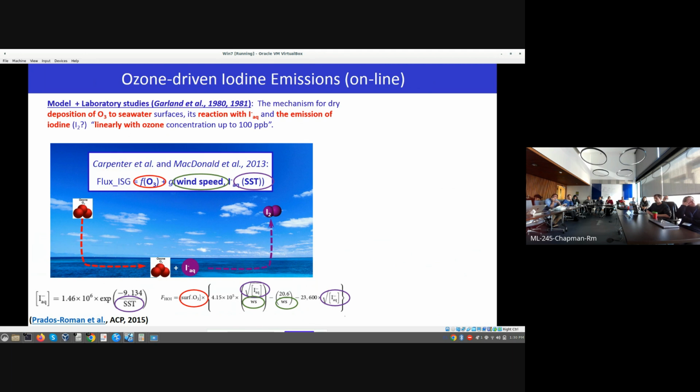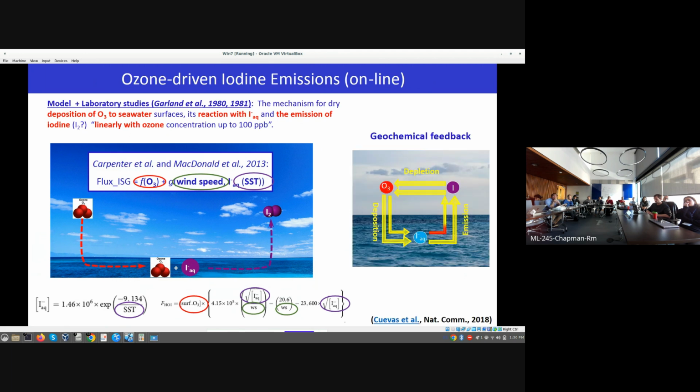And then the release of molecular iodine or HOI depends strongly on wind speed and concentrations of ozone. So this has resulted, as this is completely online, in a chemical feedback that has buffered the levels of ozone due to the increased emissions from the ocean, as we have been able to confirm using ice core observations in Greenland and also some tree rings.